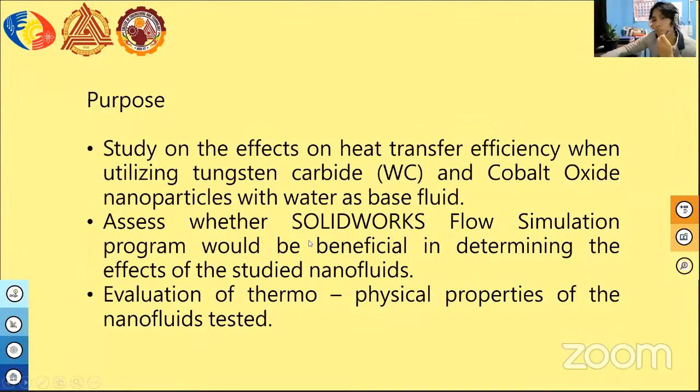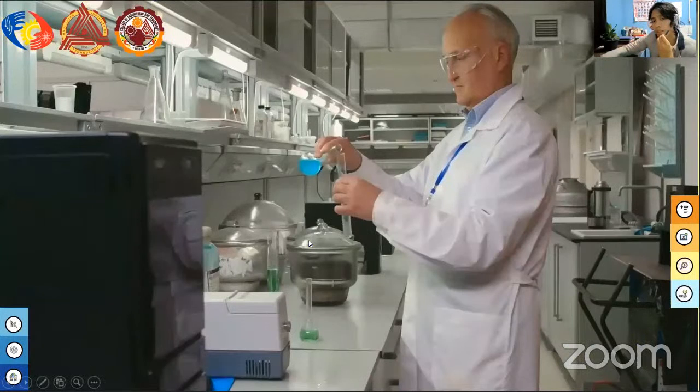The study also intends to present a computer simulation of the experiment utilizing SolidWorks flow simulation program and assess whether such method would prove to be beneficial in finding out the effects of the nanofluids investigated. And as many of the studies about nanofluids only focus on finding out the effects on thermal conductivity, we set out to evaluate also other thermophysical properties of the nanofluids investigated.